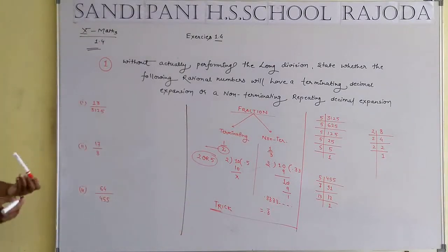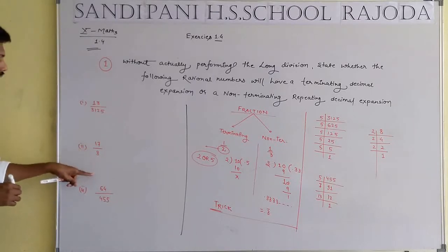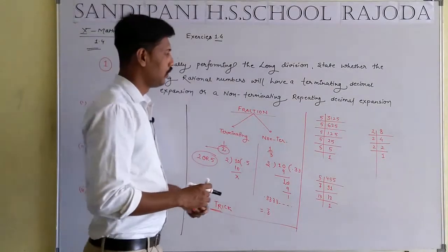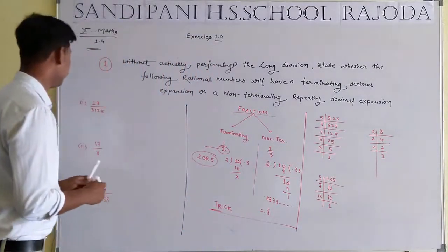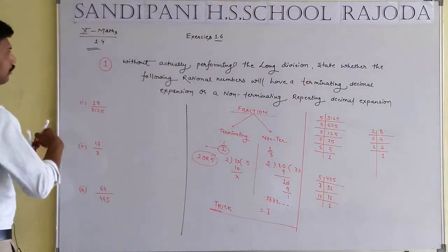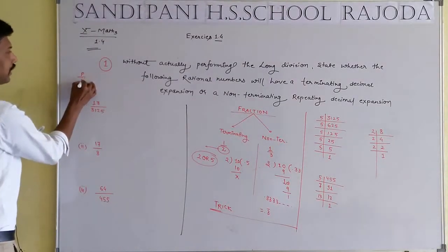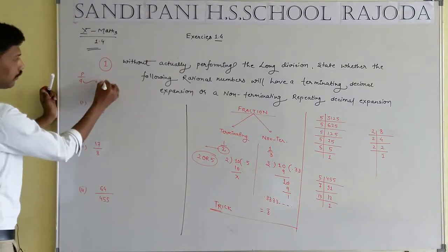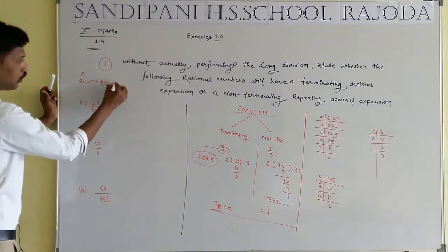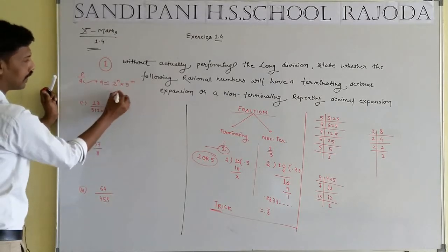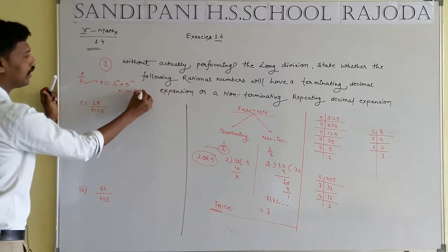Question number first: 13 by 3125, 17 by 8, 64 by 455. Now the first number is 13 by 3125. I repeat one more time: a rational number p by q, where q is the denominator and the factors of q are 2 to the power n and 5 to the power m, where n and m are integers.